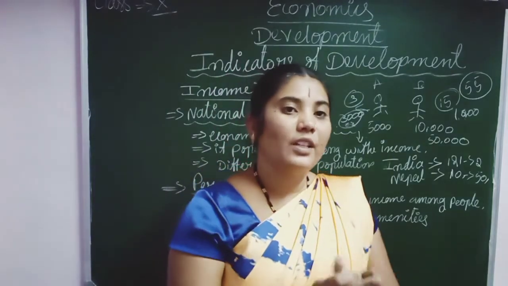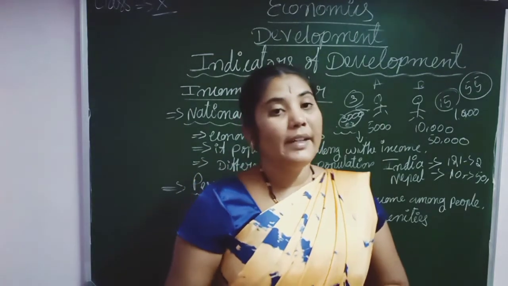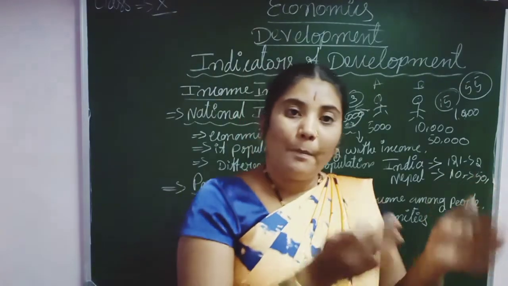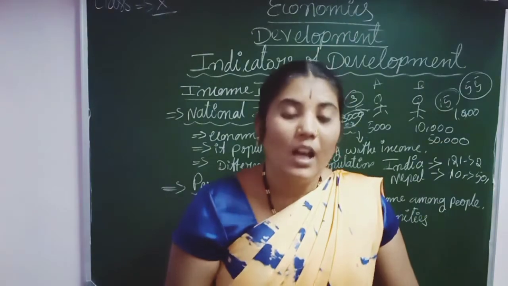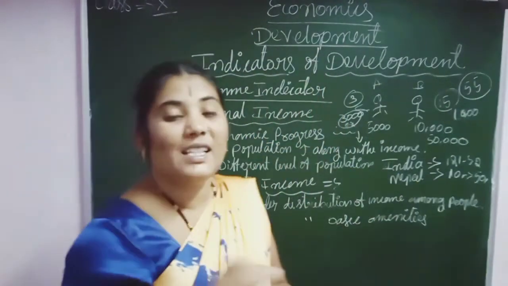development. Because here we should consider the population, and how much we are fulfilling the fundamental needs of those people is very necessary. Afterwards the poverty rate is also very necessary. If our income is more but development progress is not there, then economic progress is stagnant.